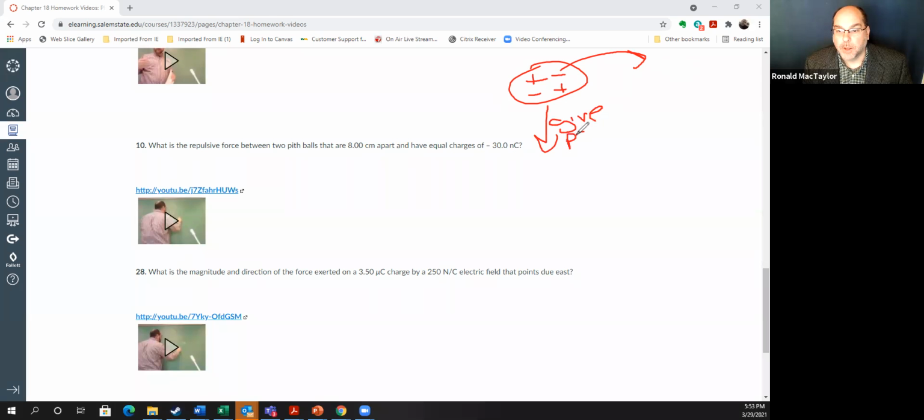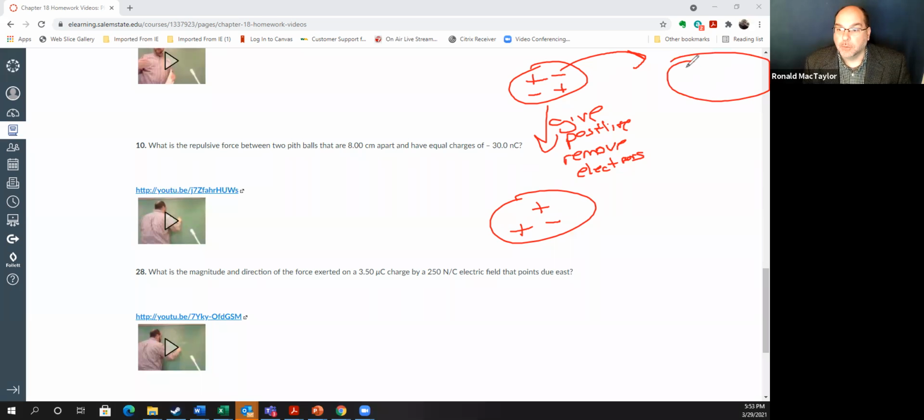It has a net positive charge, but it has one fewer electrons. Whereas if I give something a negative charge, I've given it an extra electron.